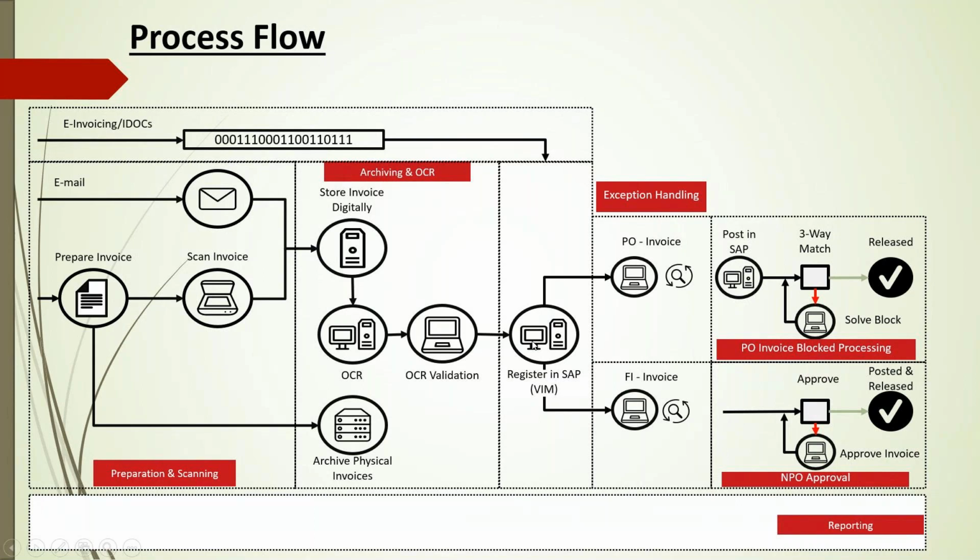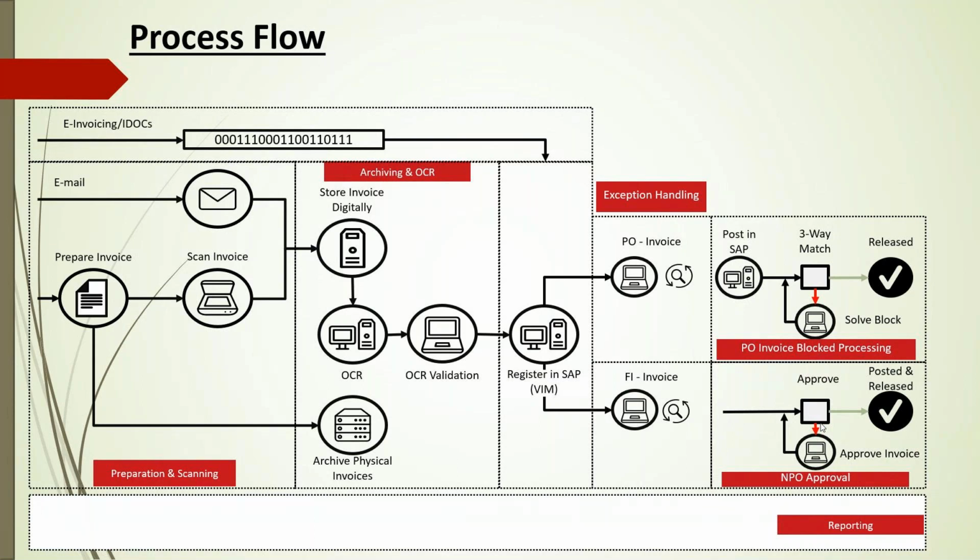At this point, when the Vim document is created, indexing is done. The data entry part is done either manually or by OCR, or you're receiving directly into a structured format. Then you process the invoice further. It can be processed as a PO-based invoice, an FI invoice or a non-PO invoice. Approvals will happen, and post approval it will post the document.